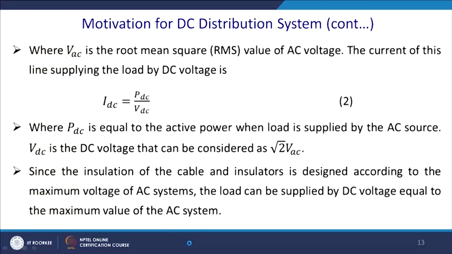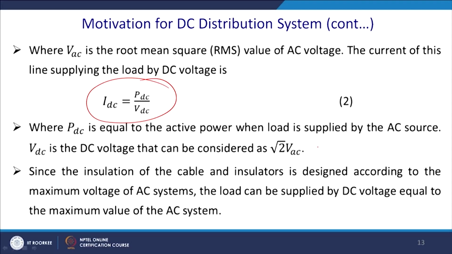Whereas in the case of DC, where VAC is the root mean square or RMS value of the AC voltage, the current supplying the load by DC voltage is just IDC equal to PDC by VDC, where PDC is equal to the active power when the load is supplied by the AC source, and VDC is the voltage that can be considered to be root 2 into VAC.